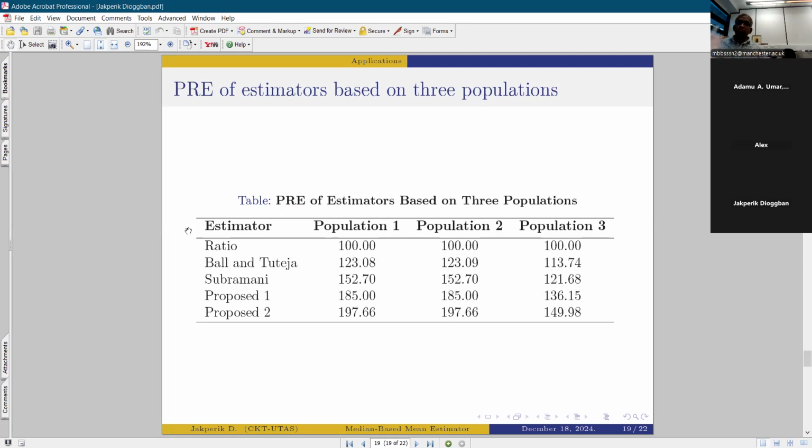Then we assess the percentage relative errors of the three estimators. It shows that all the estimators are superior to the ratio estimator, but the proposed estimator at alpha equal 2 indeed emerged as the estimator with the highest precision, followed by the proposed estimator at alpha equal 1, and then Subramani, in that order.